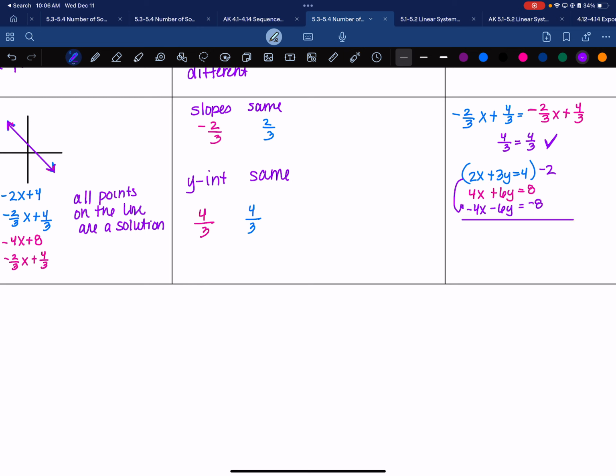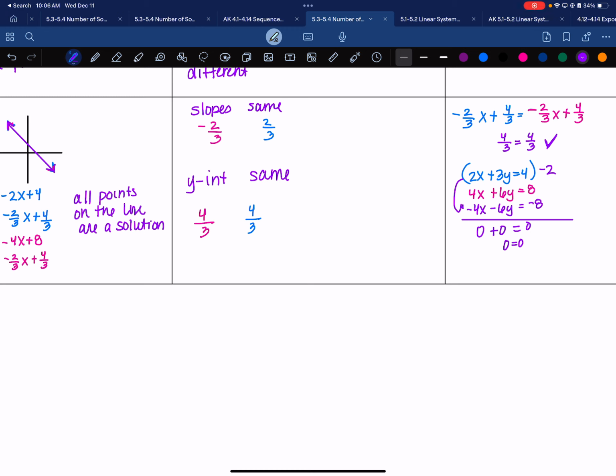What happens to my left side? 4x minus 4x is 0. 6y minus 6y is 0. 8 minus 8 is 0, so 0 equals 0.